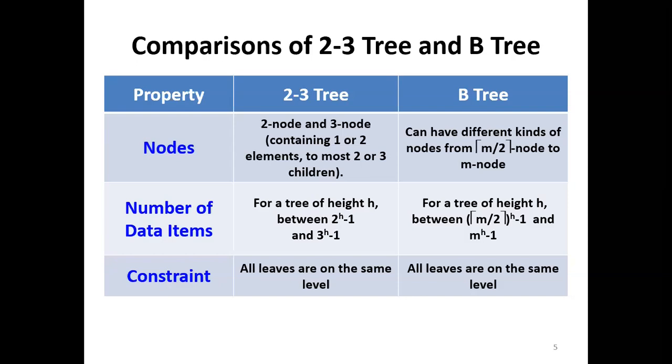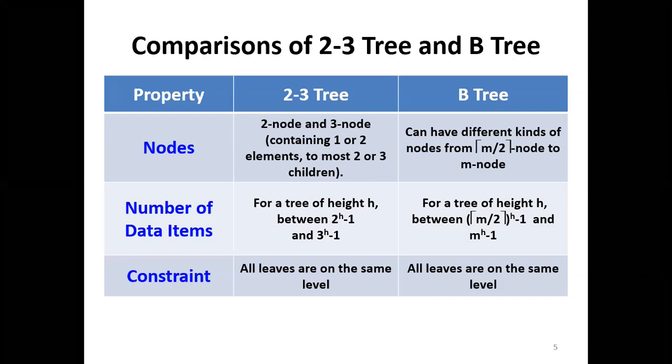But for the B tree, it's a bit different because the nodes range from M divided by 2 to M. And remember that M is the order of the B tree.